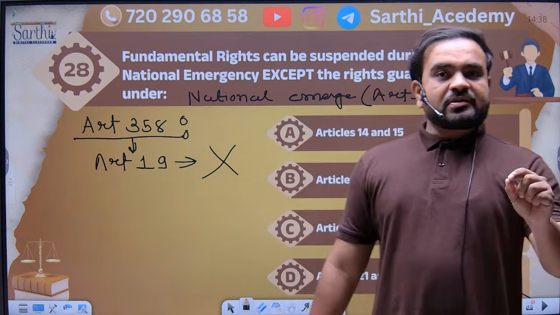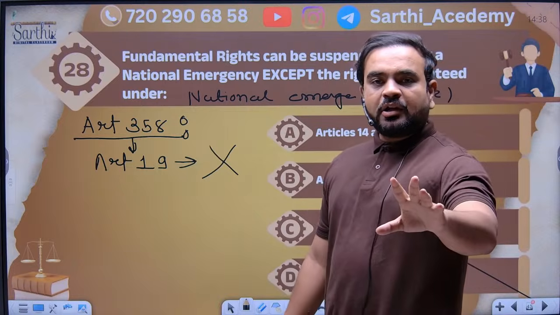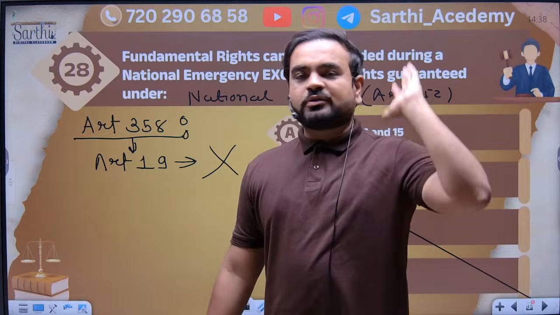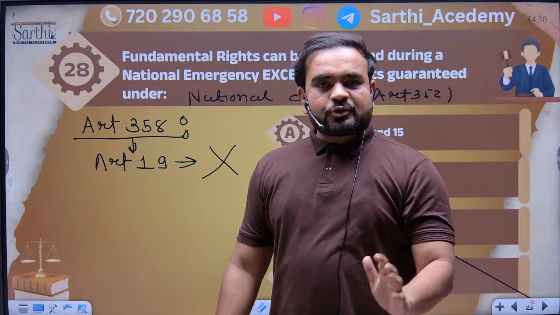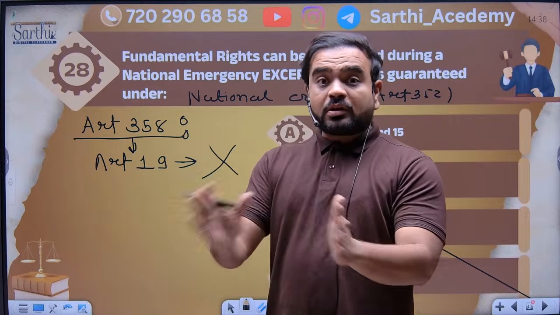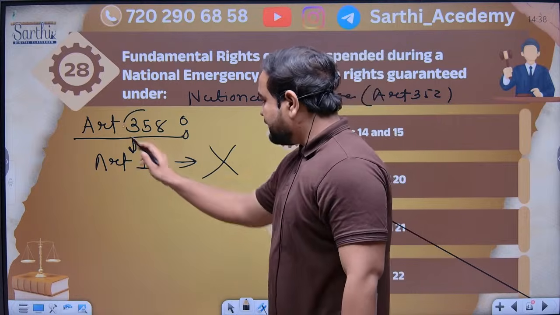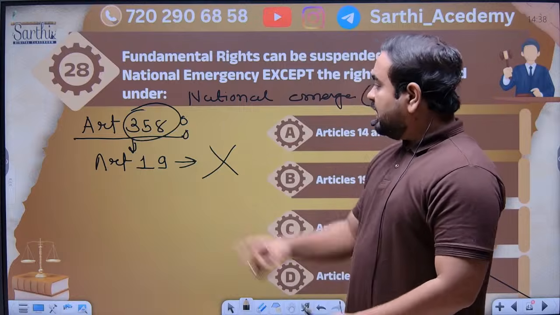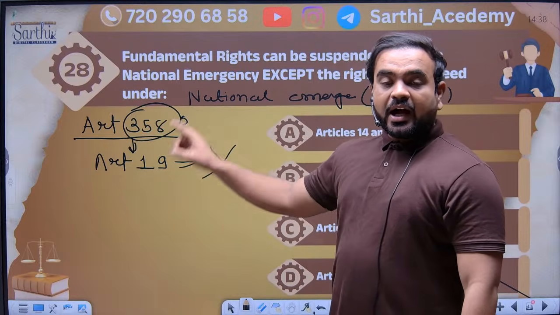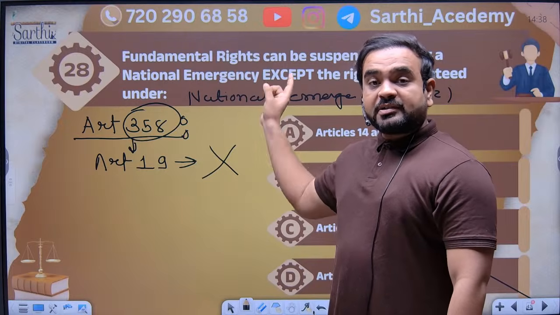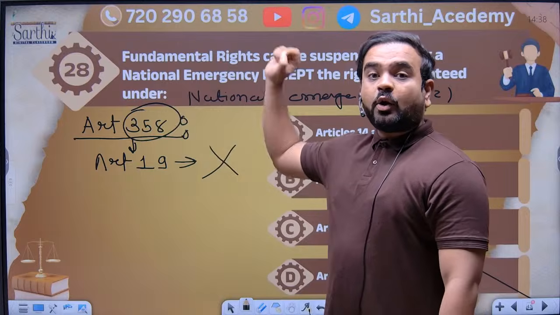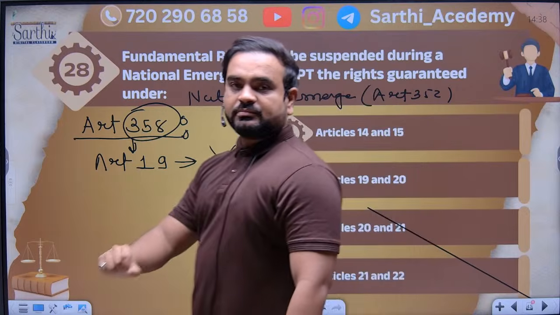As soon as a national emergency is imposed in India, article 19 is gone. And who empowers revoking article number 19? Article 358 empowers it. In 358 it is written that if there is an emergency under article 352, a national emergency proclaimed by the President of India, then article number 19 will automatically be suspended.